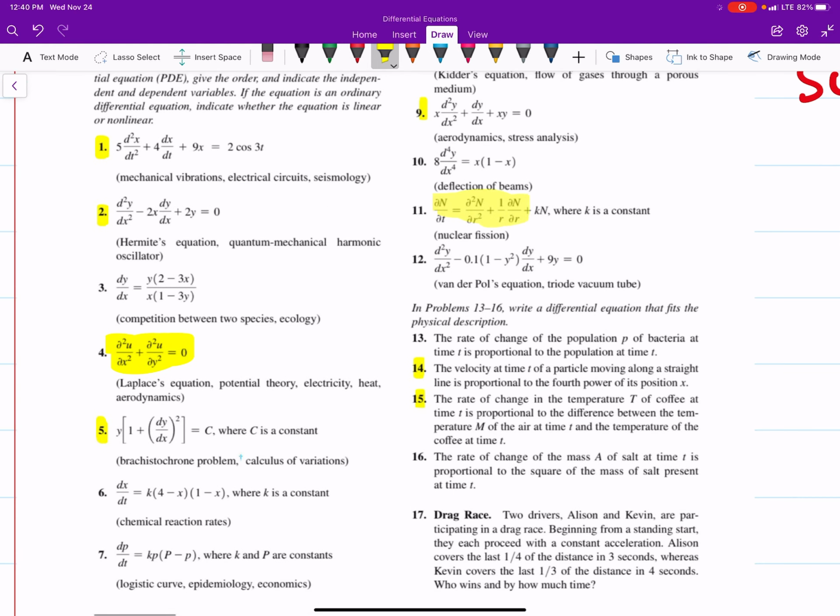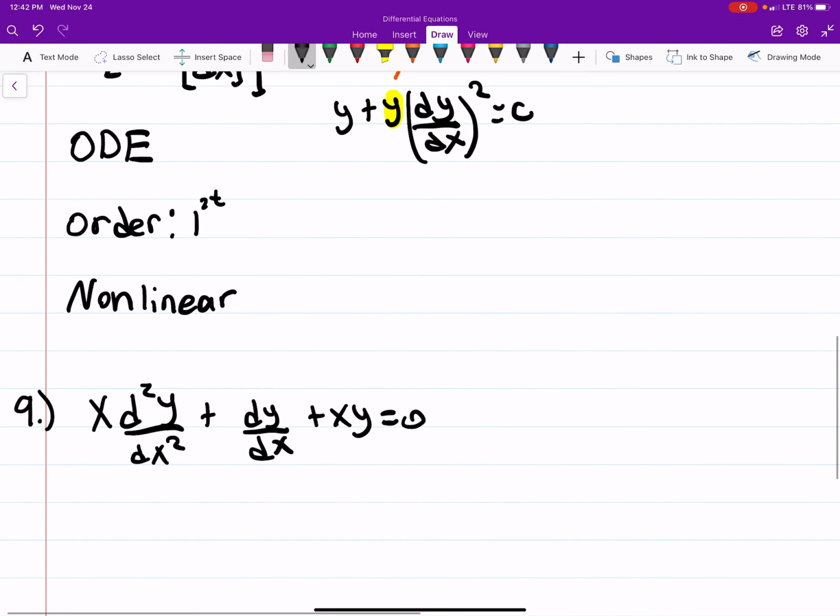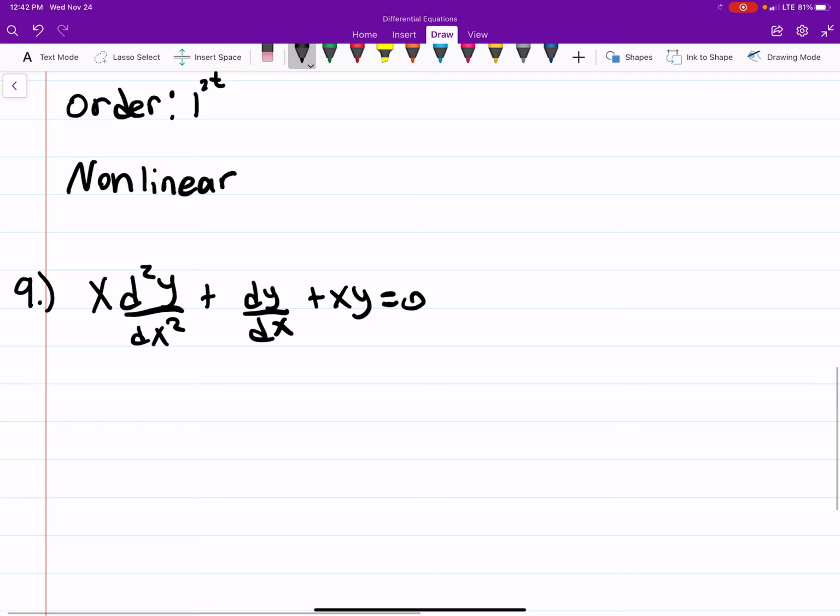Number 9, we have x times the second derivative of y with respect to x, plus dy/dx, plus xy equals 0. So this is an aerodynamic stress differential equation. So this is an ODE. There's no partial derivatives.